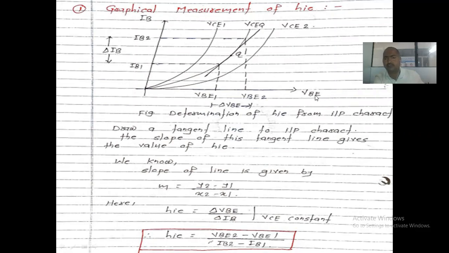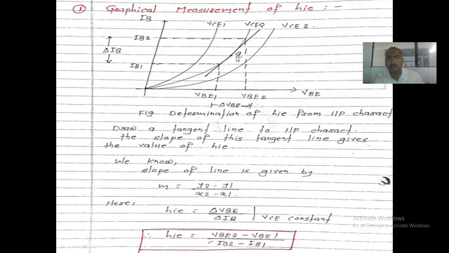So we have to calculate it using the graph, using two points of your configuration. VB has two points and IB has two points. Those points should be used for the calculation of the HI. So for VB, take two points on the tangent, upper point and lower point.